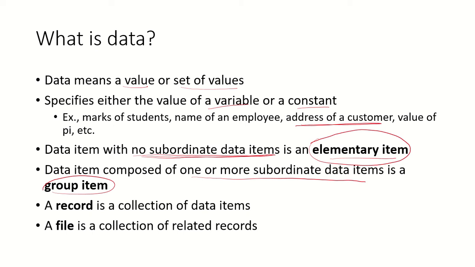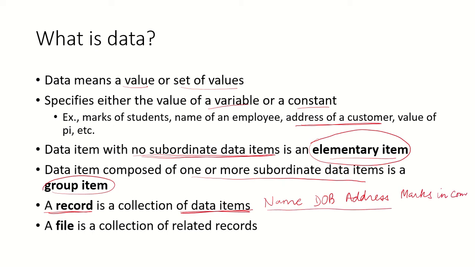What is a record? It is a collection of data items. So let's say we are taking the complete information of a student, which consists of his name, his date of birth, his address, and his marks in all the courses that he has been enrolled in till now.